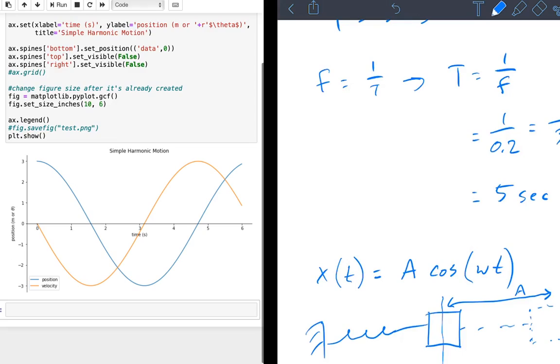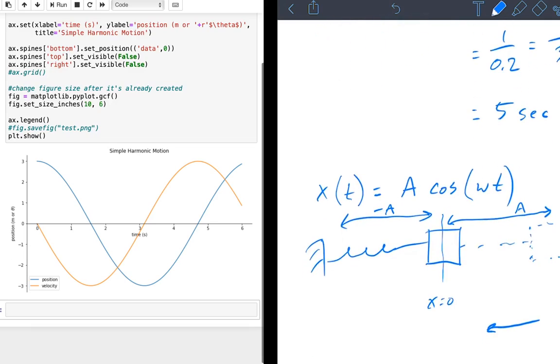It's still going to the left, but it's slowing down until it reaches this over here, right? So when this is at negative a, it's slowing down, the velocity is 0. And then it starts speeding back up until it crosses the equilibrium. And then we start slowing back down.